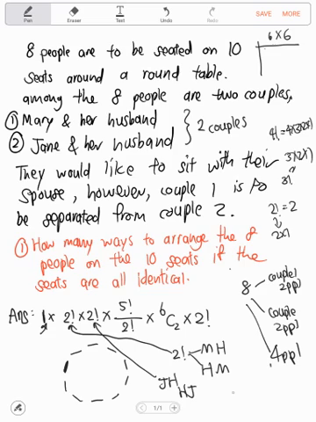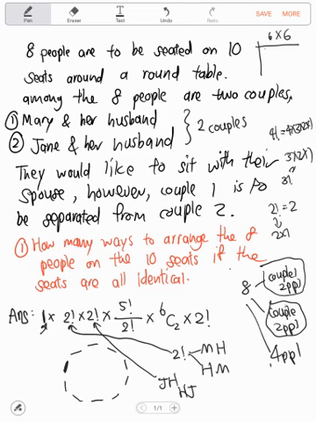So then another thing is, after that, I'll need to arrange what we call the separators. After I have arranged the two couples, I consider each of them as 1 unit. It means they will be sitting together anyway.